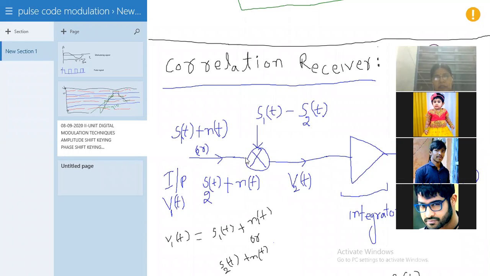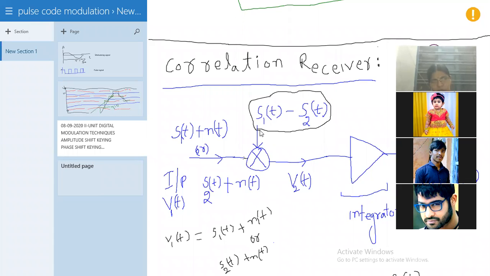That is one of the inputs to the multiplier, and this multiplier multiplies the received signal with S1 of t minus S2 of t, the difference of the data signals. S1 of t and S2 of t are obtained after modulation techniques.